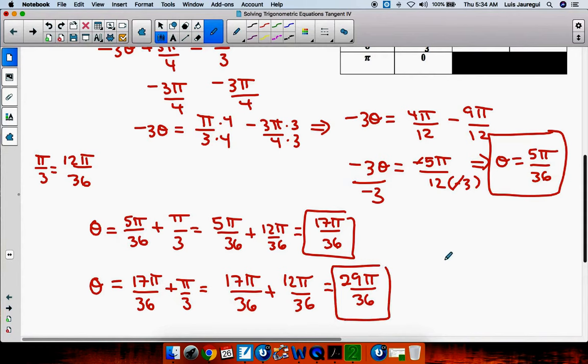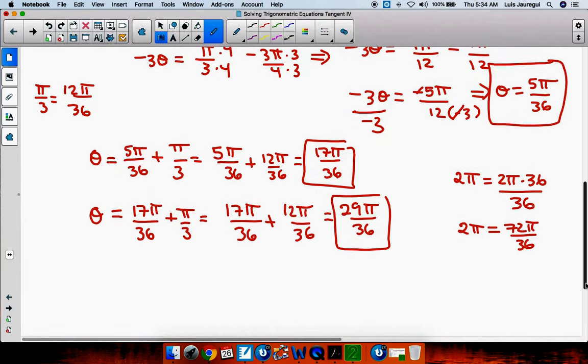Now we're going to keep going until we surpass the 2 pi. Now 2 pi is equal to 2 pi times 36 over 36. So recall that once you rewrite this one, you get 2 pi is equal to 72 pi over 36. So we're going to repeat this process until we get closer and closer to 72 pi over 36, but we don't want to surpass this.